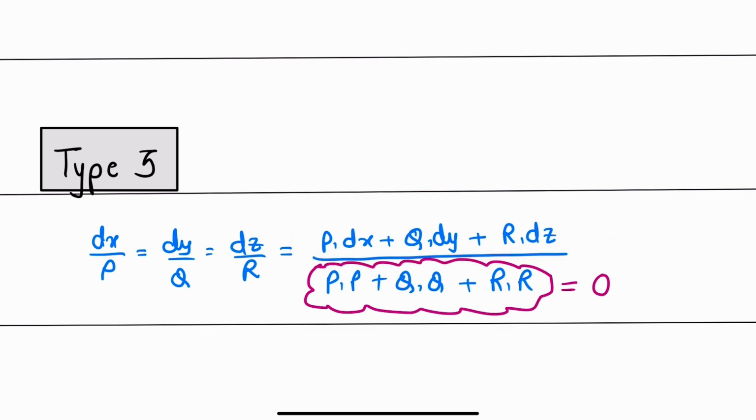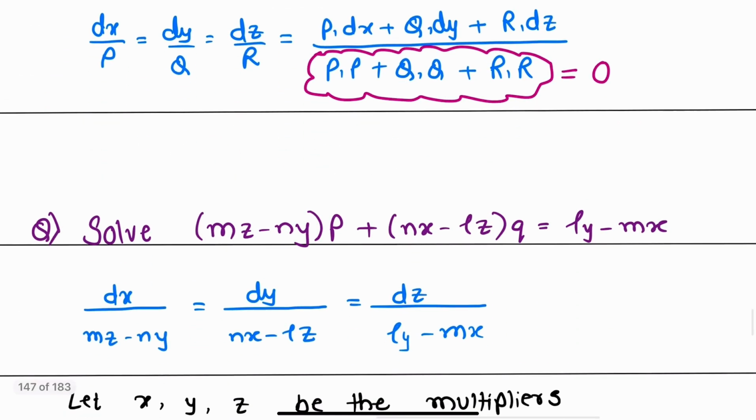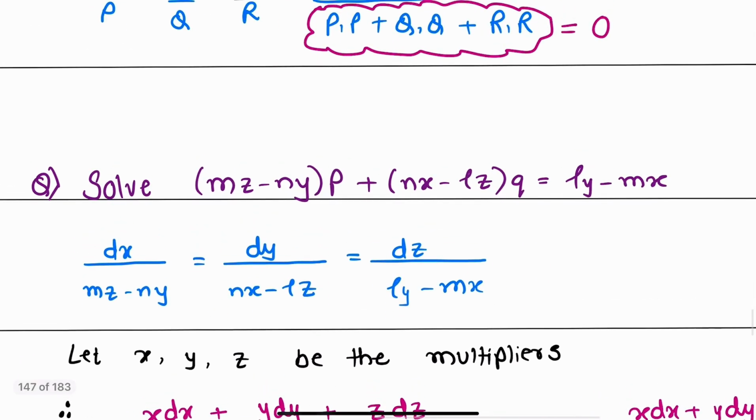And this particular term will be integrable if we choose P1, Q1, R1 in the simplest forms which will be integrable. We will look at this through an example. Let us say we are asked to solve (mz minus ny) P plus (nx minus lz) Q equals ly minus mx.